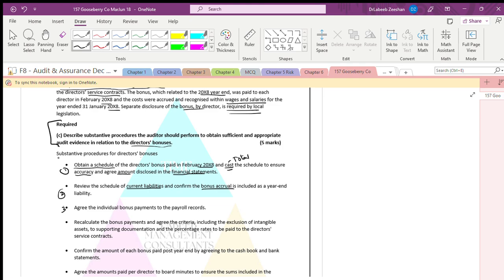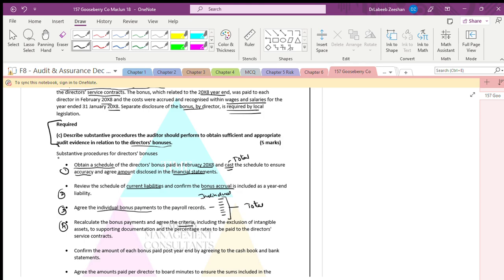Third, agree individual bonus payments. We have to take the 7 directors individually and do the total, so that the individual amounts and this total agree, and then recalculate the bonus payments.